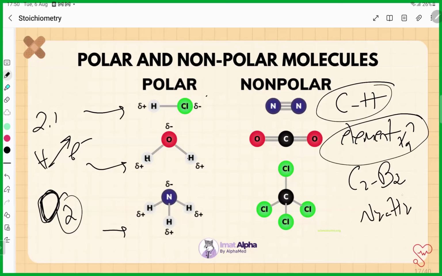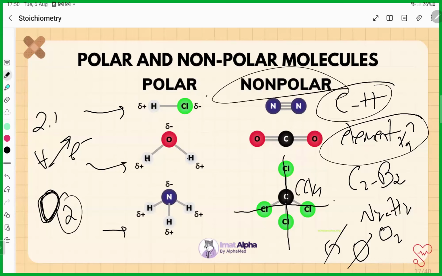Because the two identical atoms cancel each other. And why is CCl4 nonpolar? Although Cl is very electronegative and carbon is also electronegative, it ends up nonpolar because we have symmetry. When we have symmetry, it ends up as a nonpolar molecule. So we have to take everything into consideration.